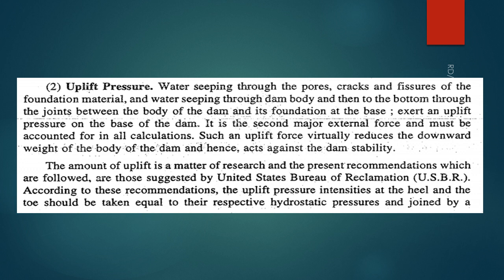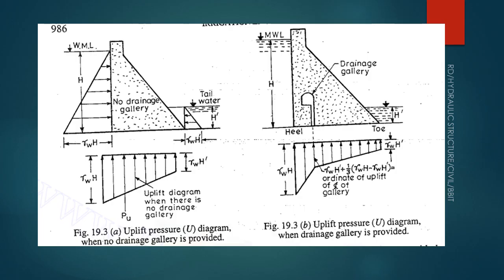According to the United States Bureau of Reclamation, USBR, the uplift pressure intensities at the heel of the dam and the toe should be taken equal to their respective hydrostatic pressure. Let us discuss this with the diagram and see how it has been calculated.